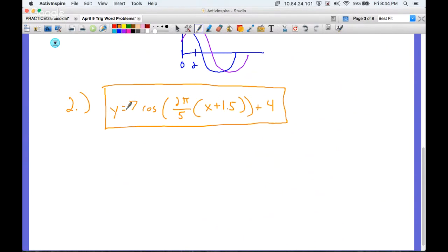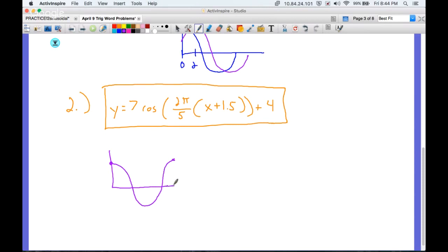All right, that is our answer to number 2. Notice we were shifting the low point. This actually created a tricky situation because after we'd done these first couple transformations, we would have a cosine wave that looks like this, maximum here, coming around to a maximum.